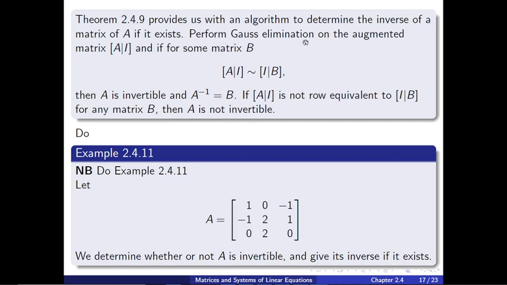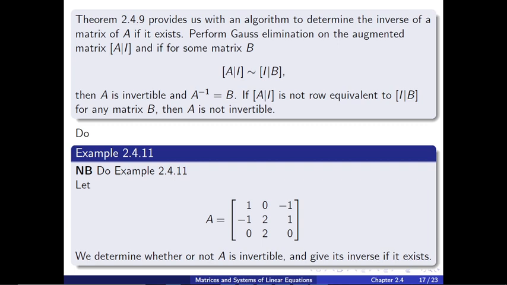We need to perform Gauss elimination on the augmented matrix [A|I], and if for some matrix B, [A|I] is row equivalent to [I|B], then A is invertible and the inverse of A is B. And if [A|I] is not row equivalent to [I|B] for any matrix B, then what it means is A is not invertible. Right. So now we know how to find the inverse of a matrix.